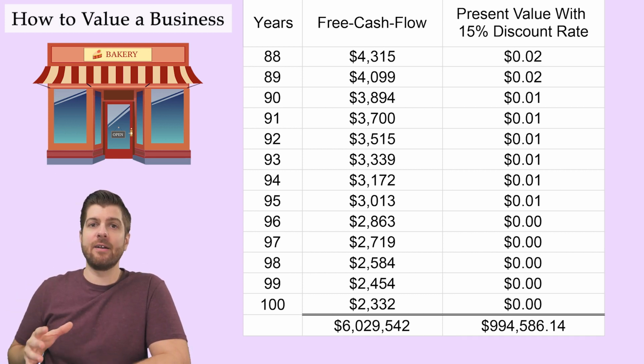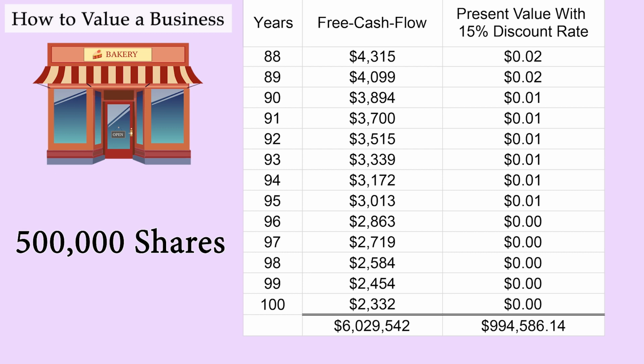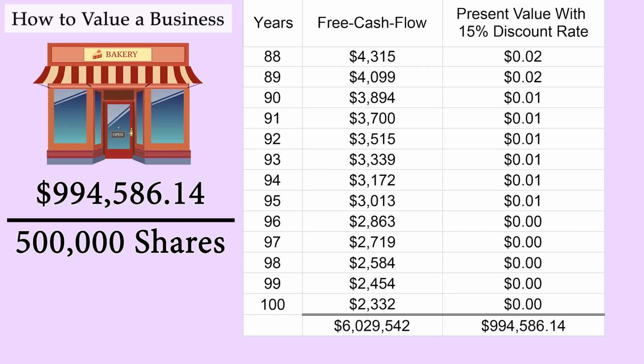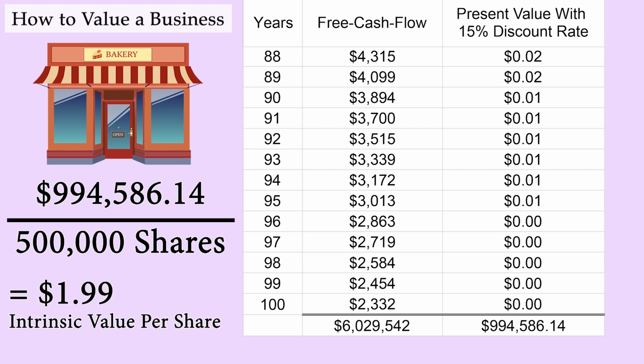And if this business had, for example, 500,000 shares, then we could divide the value by the number of shares and figure out that the per share intrinsic value is $1.99. And so this equally means that if we were to buy shares of this business for $1.99 each, that would naturally also be an investment that would provide us with 15% annual returns.